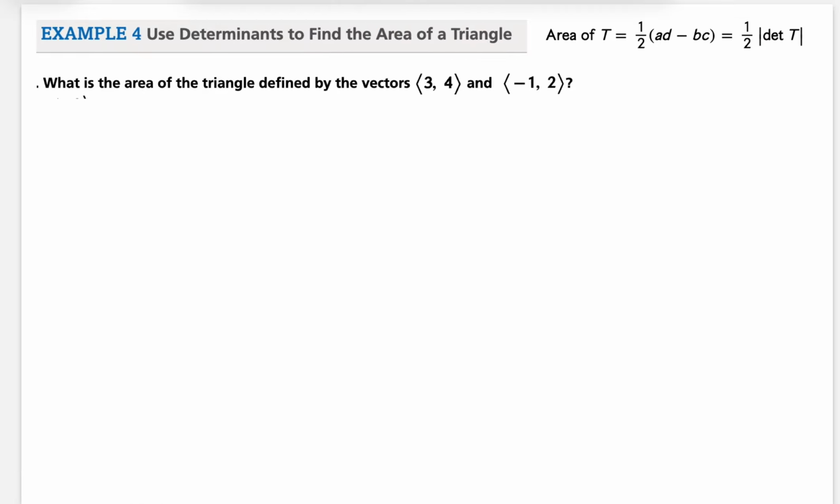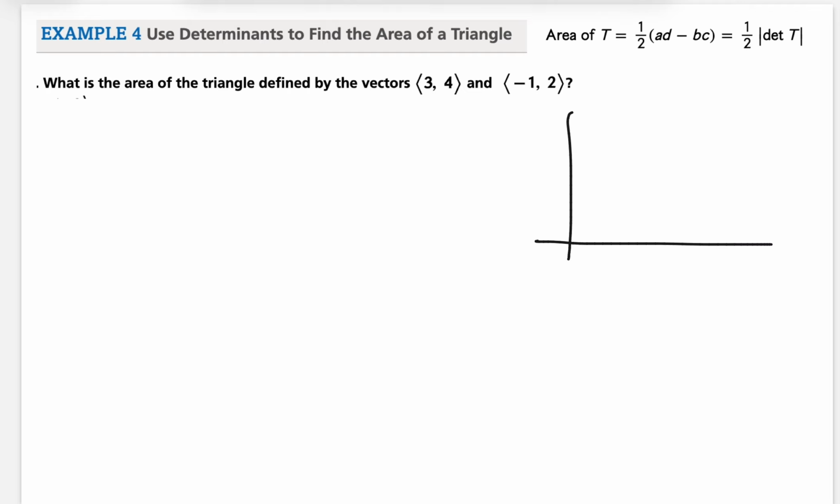Okay, so our next problem, we are going to look at finding the area of a triangle defined by vectors 3, 4, and negative 1, 2. On this one, we are going to first look at how we would set this up. I'm going to do a sketch here.